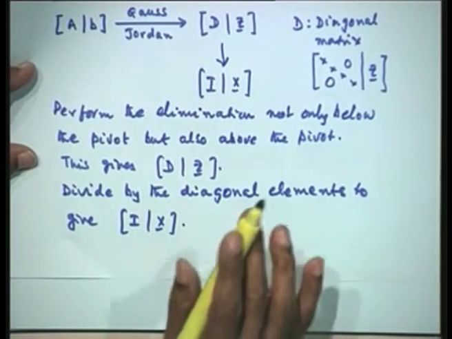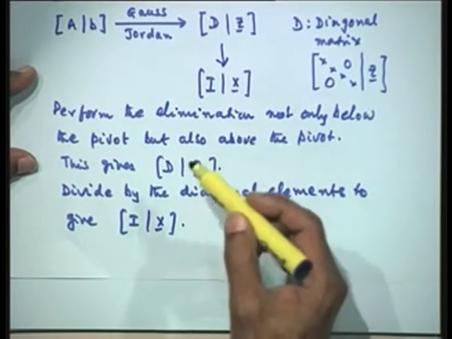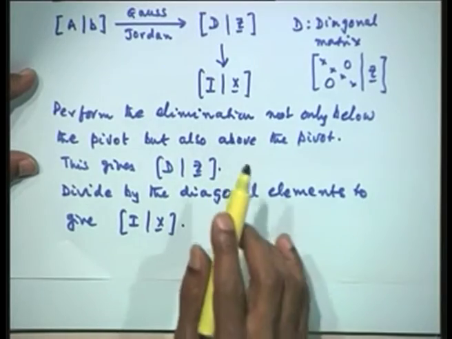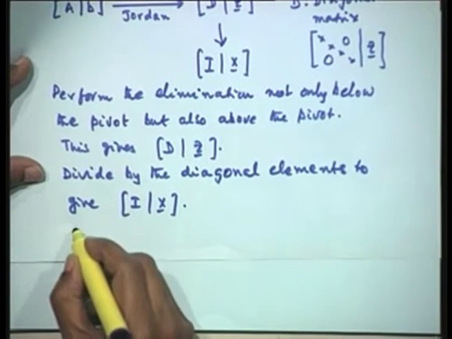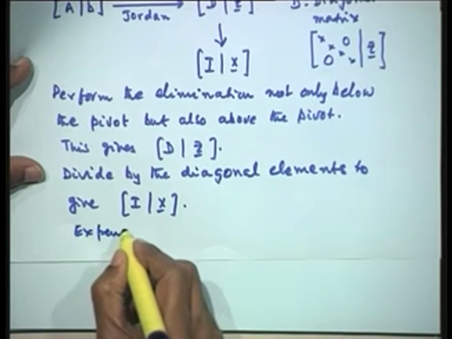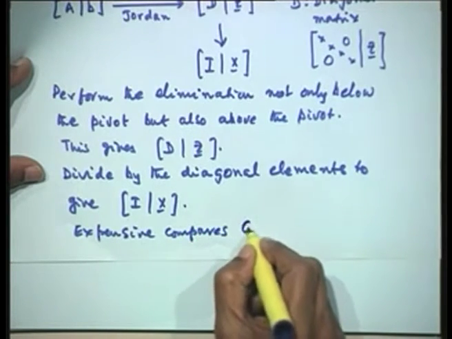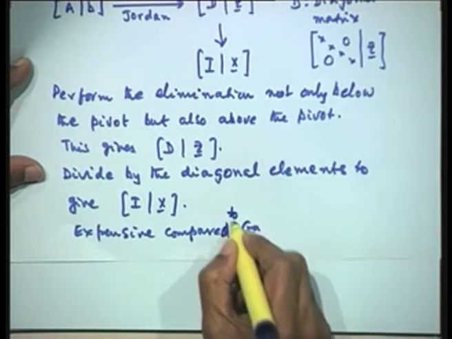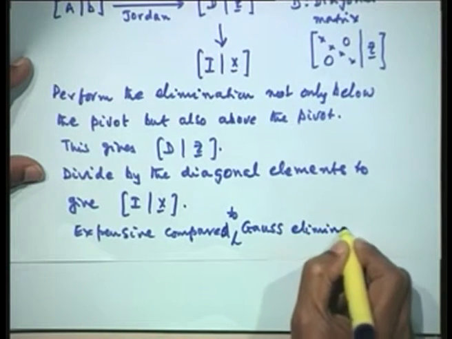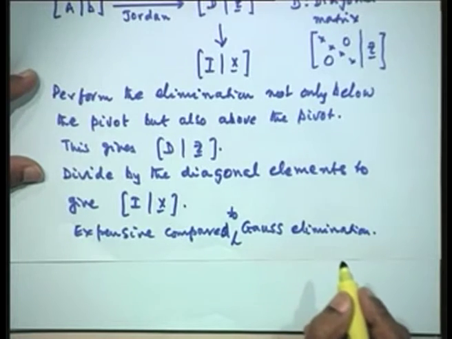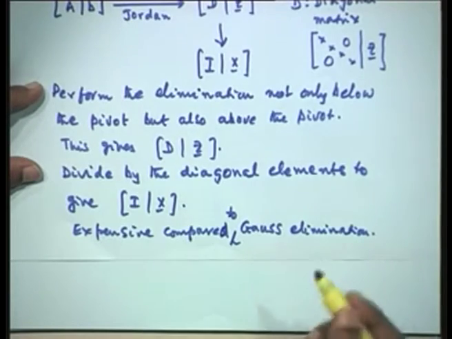Now, this procedure looks attractive, but we will show later on that the Gauss-Jordan procedure is much more expensive than Gauss elimination procedure. There would be a substantial amount of difference in the amount of the operational count between the two methods.